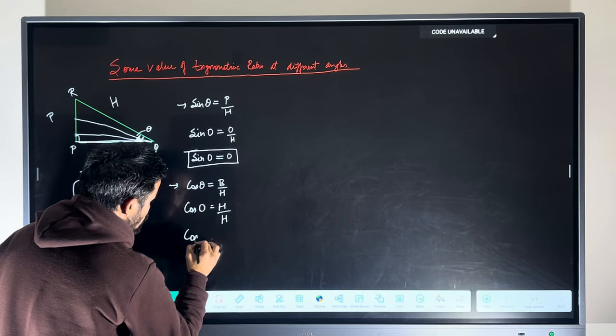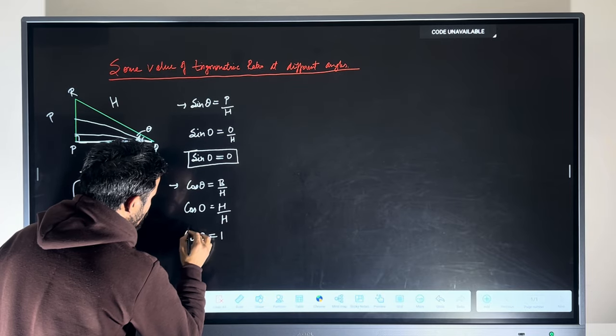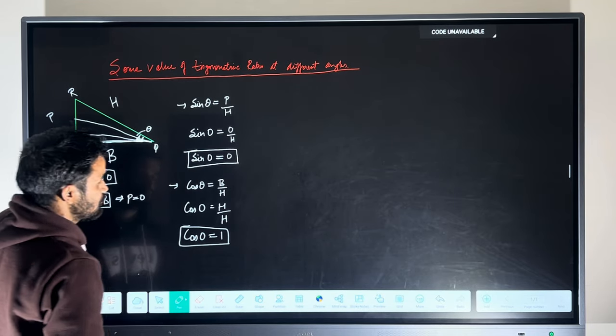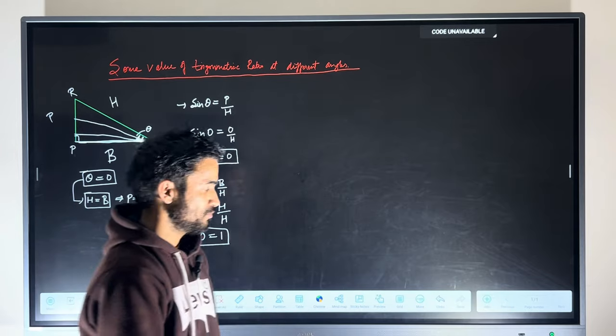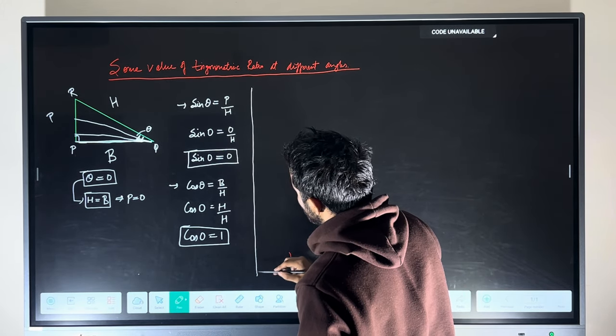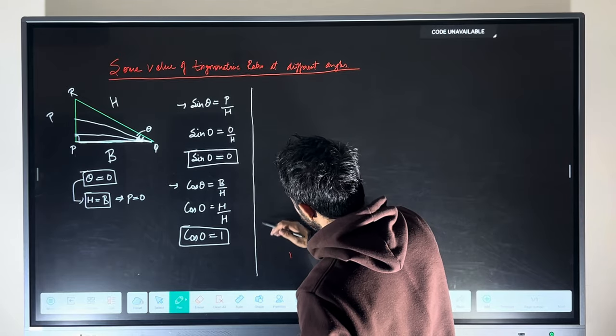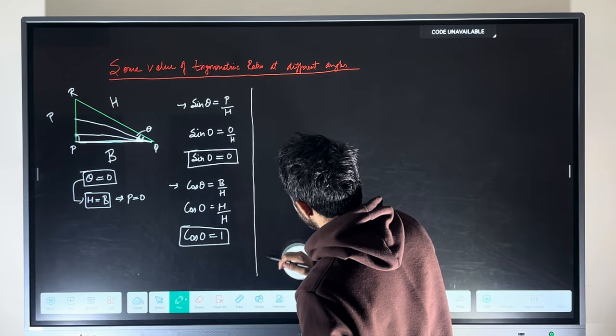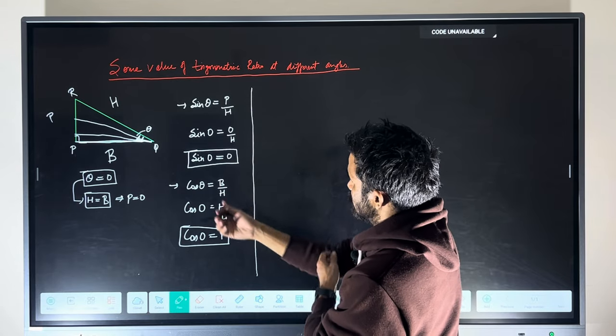Now cos of 0 is equal to 1. Okay, similarly we can find different angles, but right now we are doing only for sine and cos.